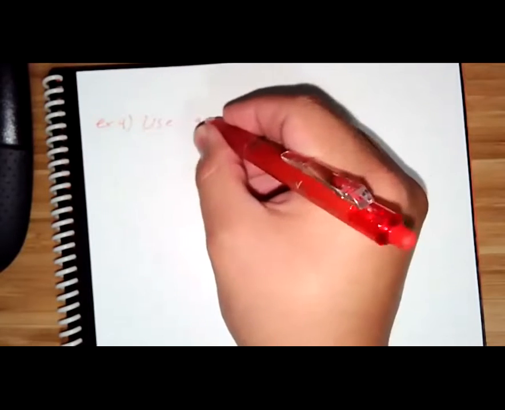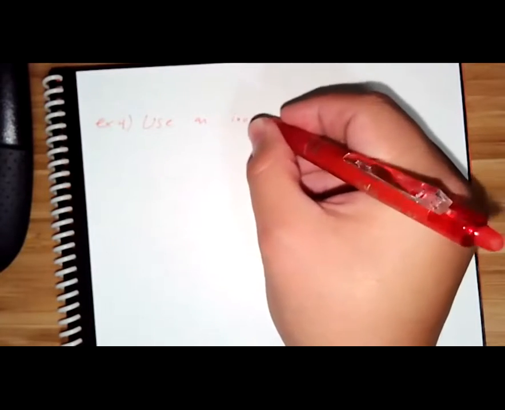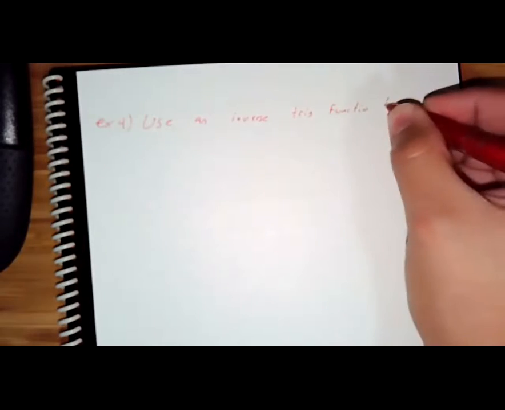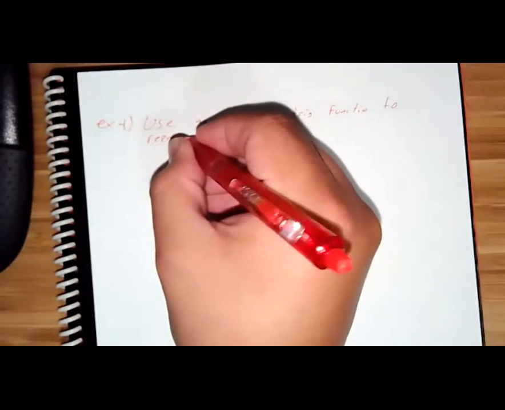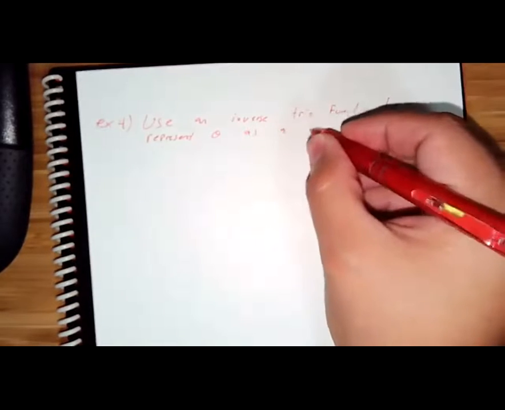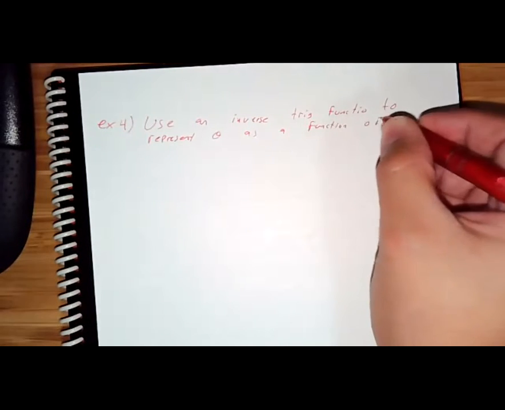Let's do number 16. That one looks kind of weird. Okay, so they give us a triangle and they say, use an inverse trig function to represent theta as a function of x.